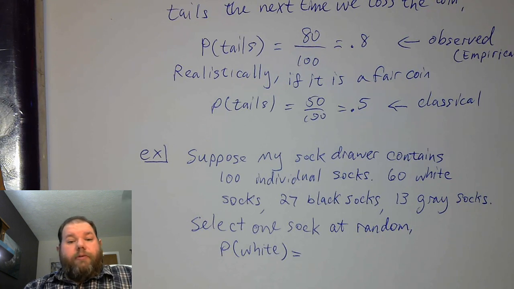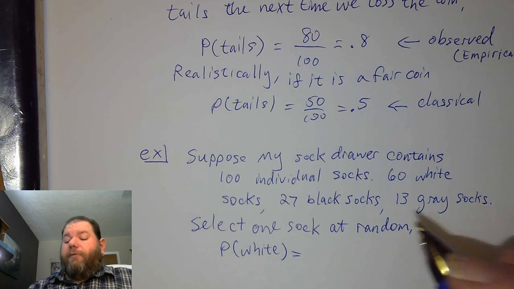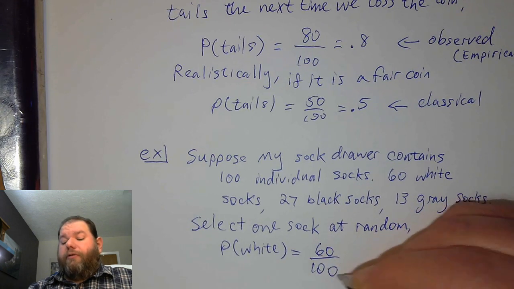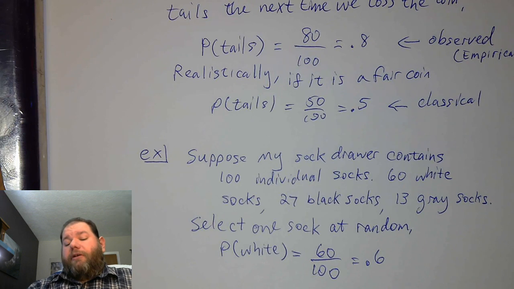Now, we're supposing that each of the 100 socks in this drawer is equally likely to be selected. So it would be 60 out of 100, right? Because we have 60 white socks in the drawer out of 100 total. So there's a 0.6 probability of selecting a white sock.